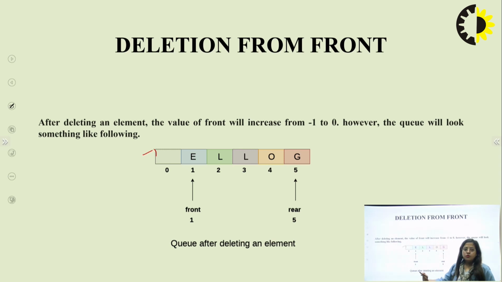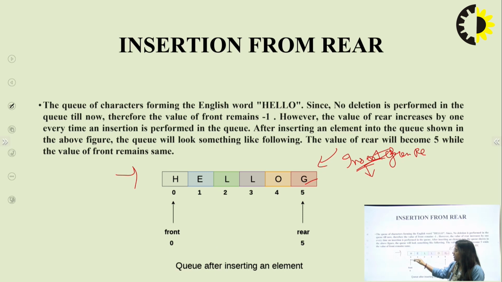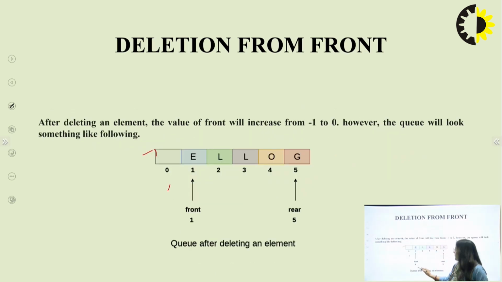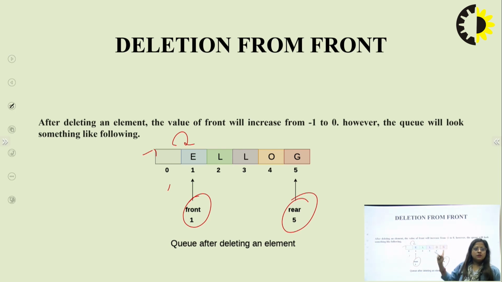So H is removed. In the previous case front indicated index 0, but now front is front plus 1. Now front indicates 1, but rear is not changed. So in a deletion case, rear is not changed, but in an insertion case, front is not changed.